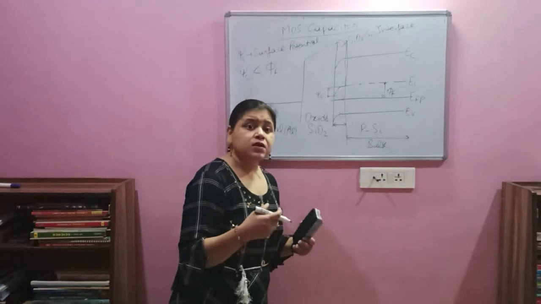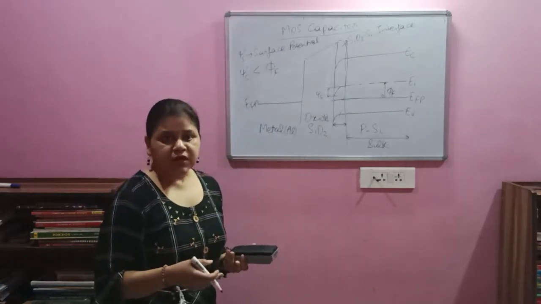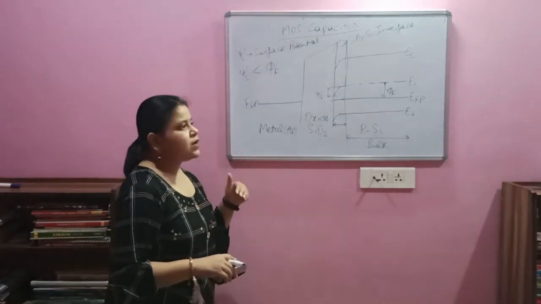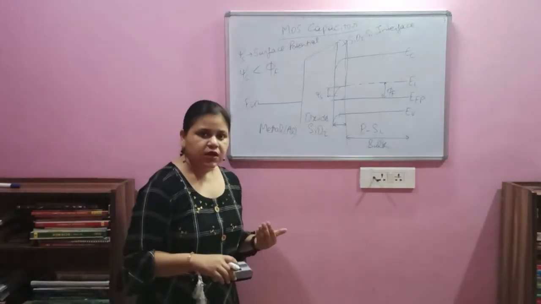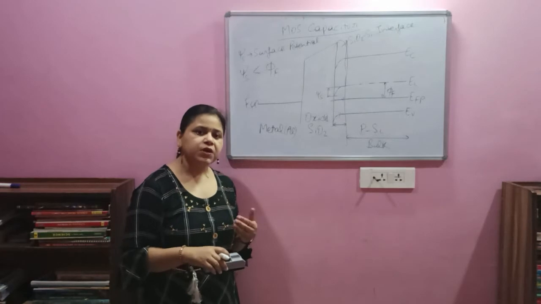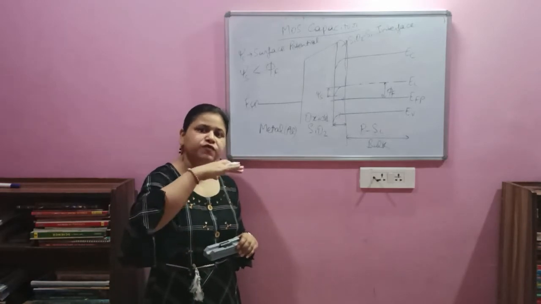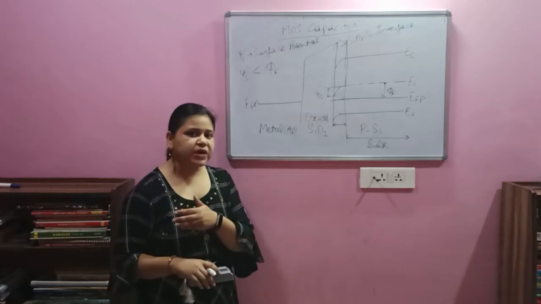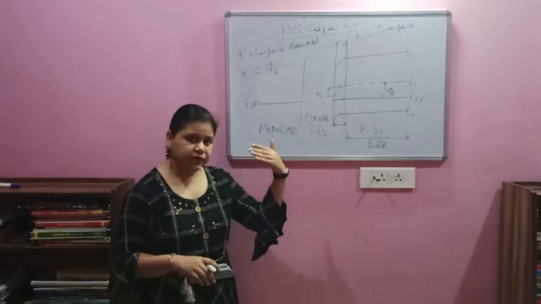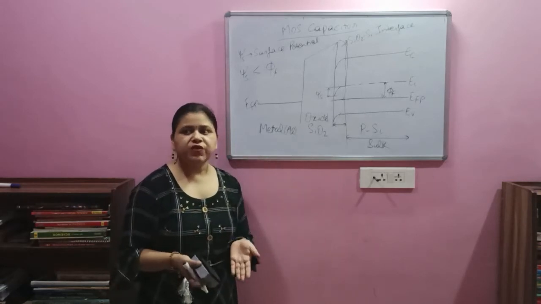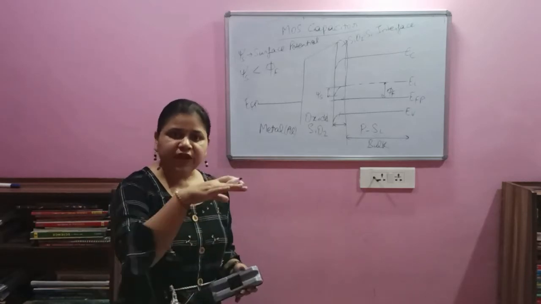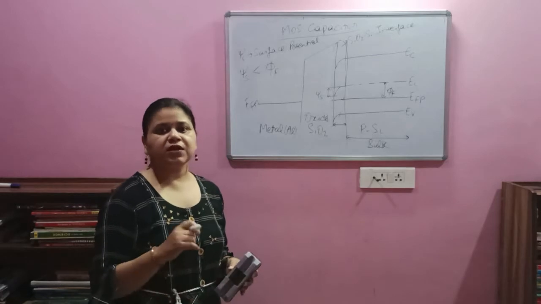Now, this is basically an equilibrium condition, which we are always supposed to study. When equilibrium is achieved, all the energy bands are flat. But here in the MOS structure, because three different types of materials are added together, where one side is a metal, in between we have a highly insulating layer, and then the semiconductor, this flat band structure is not possible at equilibrium.